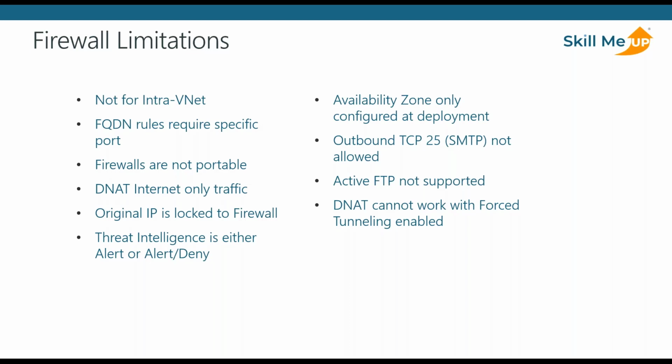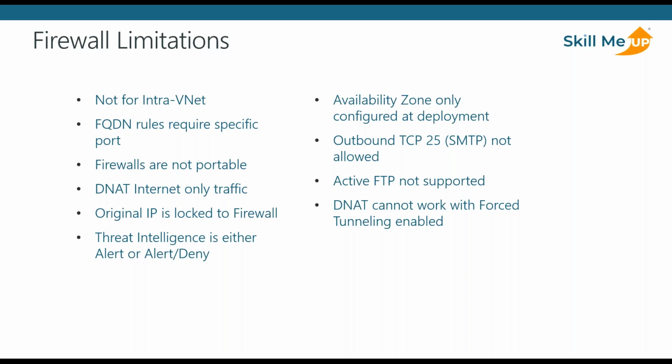If you set up the alert, you can look in the logs and see, hey, our application is not going to work, or we've got to tweak our application before we deny it, because once you flip that to deny, it's going to be blocked. So just keep that in mind.